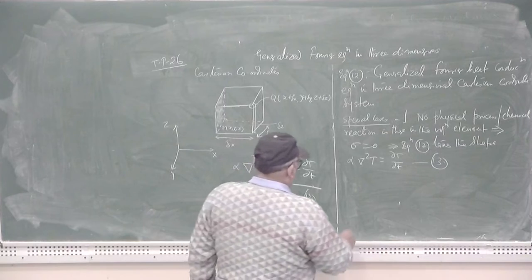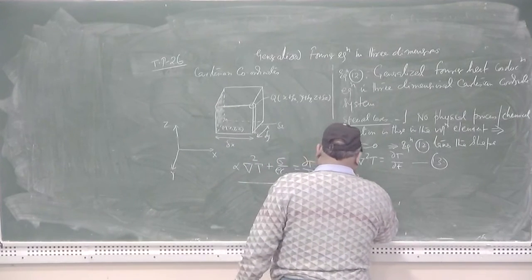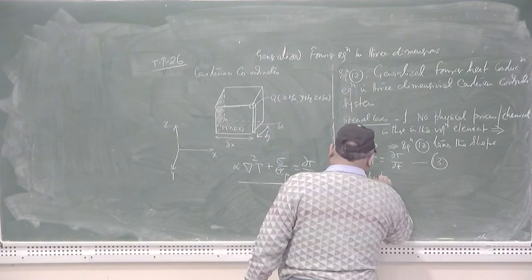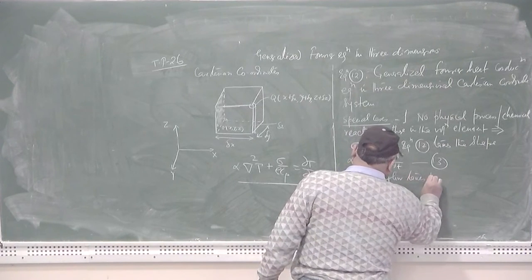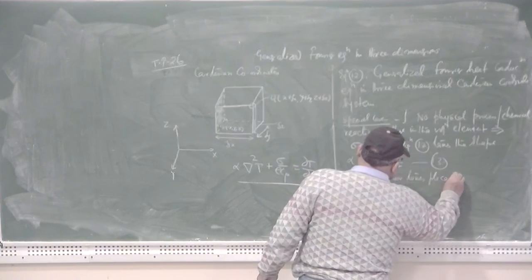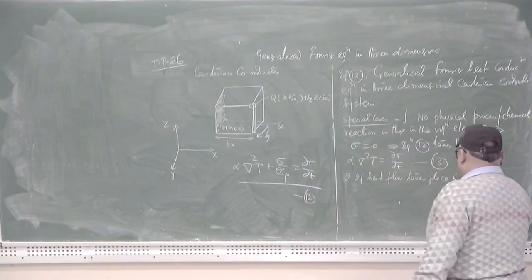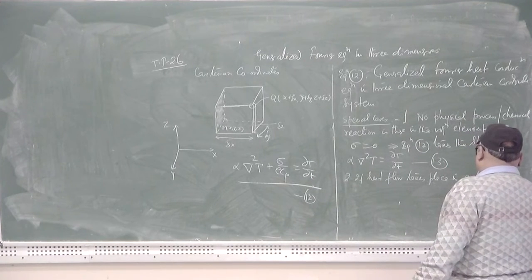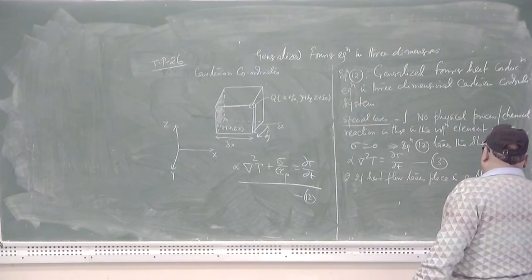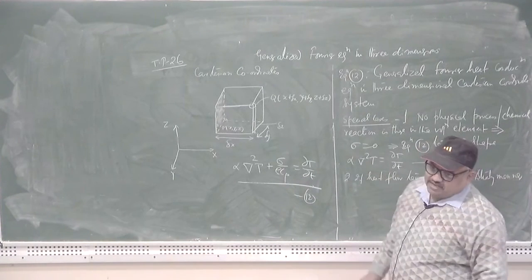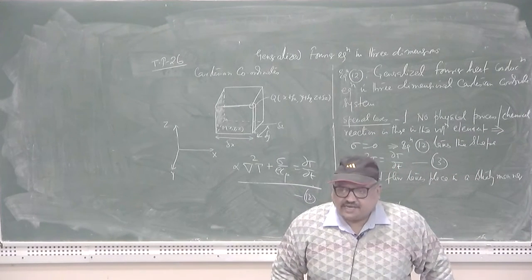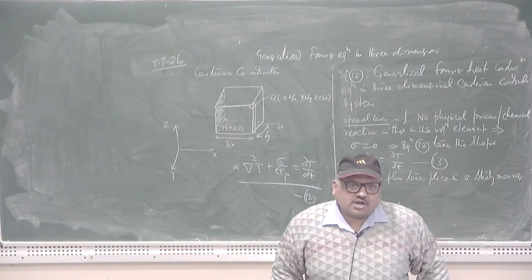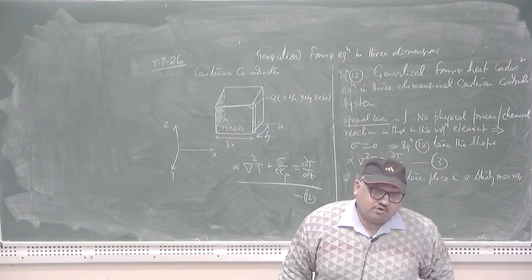Number 2. If heat flow takes place in a steady manner, if this is the condition imposed along with condition number 1, that is no physical process or chemical reaction going on inside the volume element.